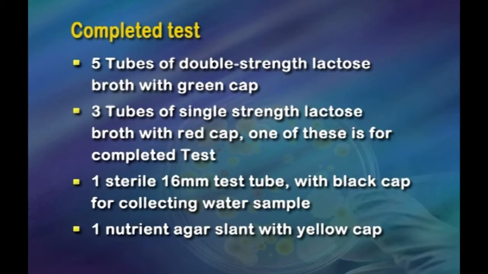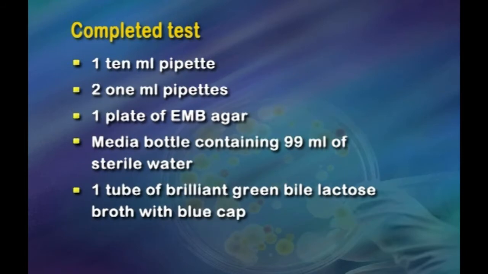Also 1 sterile 16 mm test tube with black cap for collecting the water sample, 1 nutrient agar slant with yellow cap, 1 10 ml pipette, 2 1 ml pipettes, 1 plate of EMB agar, a media bottle containing 99 ml of sterile water, and 1 tube of brilliant green bile lactose broth with blue cap. Now we will understand the procedure.